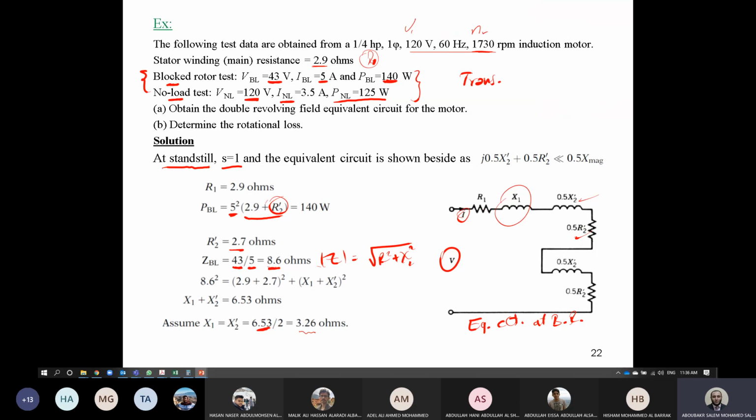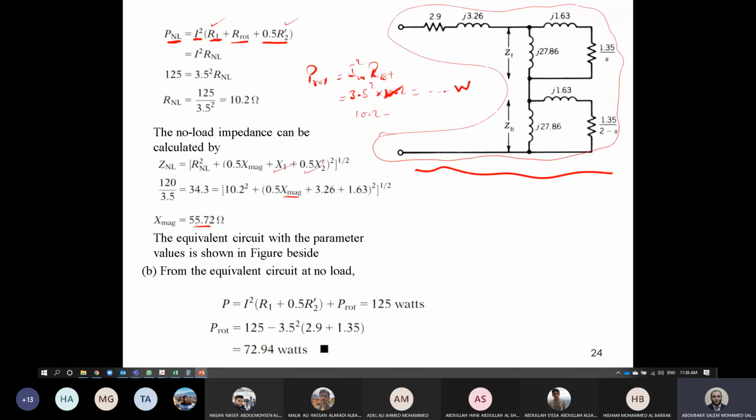We obtained here R2 prime 2.7 and R1 2.9. So here 10.2 minus 2.7 plus 2.9. So this will be the value of R rotational. Okay, thank you for your note.